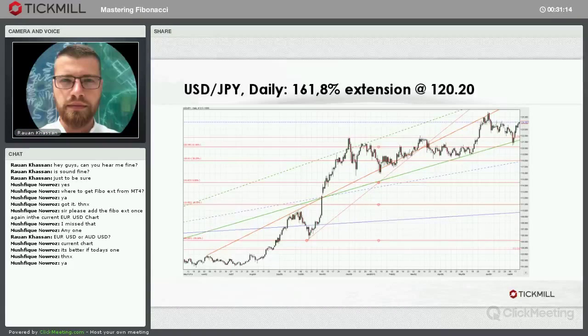You can see that during recent decline, the price has almost touched, maybe with 20 pips difference, which is allowable and doable on long-term time frames. This extension tool at 161.8% has worked as a static support level and helps the price in combination with the upward dynamic level to retrace back to the upside.